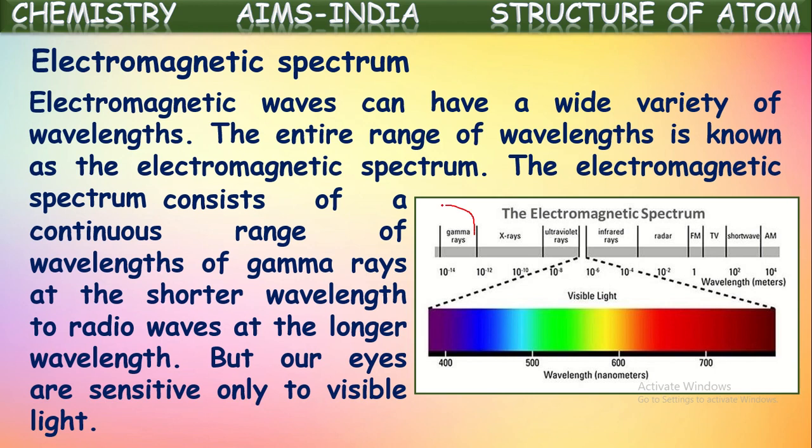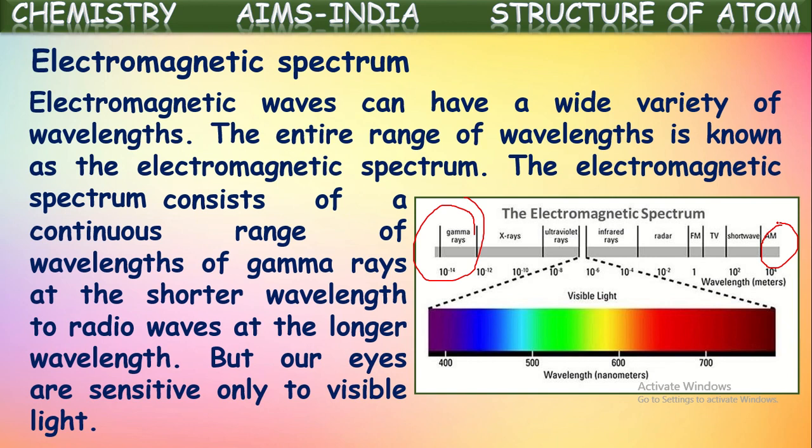First you see gamma rays, which have the shortest wavelength or greatest frequency, and at the last, radio waves and TV waves. These have the lowest frequency or greatest wavelength. This arrangement of different kinds of electromagnetic waves in order of increasing or decreasing frequency or wavelength is called the electromagnetic spectrum.